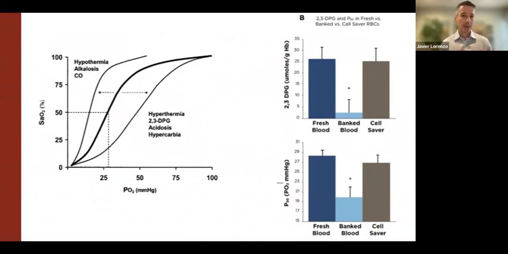I would say that in some clinical situations, cell saver might not be the preferred blood to transfuse. You have to keep in mind that cell saver also lacks a lot of other proteins. It's slightly more acidotic. So you just have to be mindful of what context you're going to use bank blood cells versus cell saver.